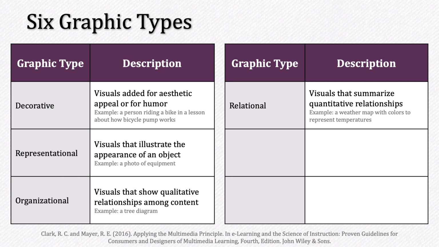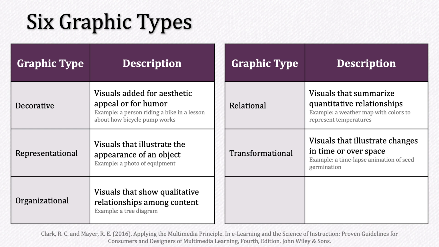An example of a relational graphic would be a weather map with colors being used to represent different temperatures. A fifth graphic type is transformational, and these are visuals that illustrate changes in time or over space. The example Clark and Mayer provide is a time-lapse animation of seed germination.